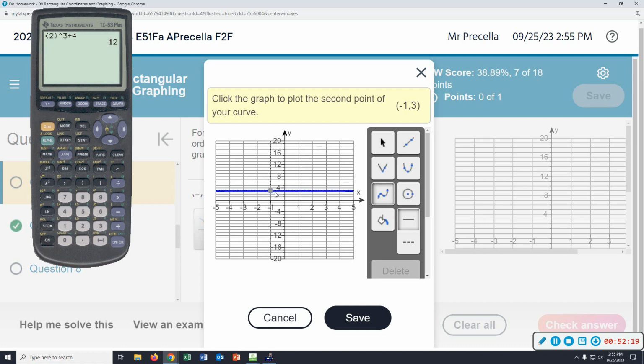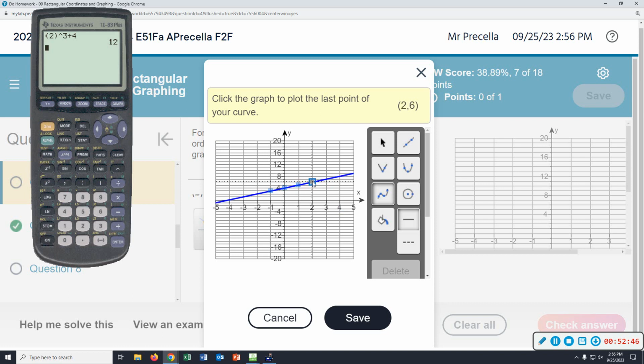What's the next one? 0, 4. Next. And look at that. They're on a line, aren't they? That's what I said. Those first 3 points right by 0, it looks like a line. But now as we move, it's drawing every possible cubic that has those 3 points.